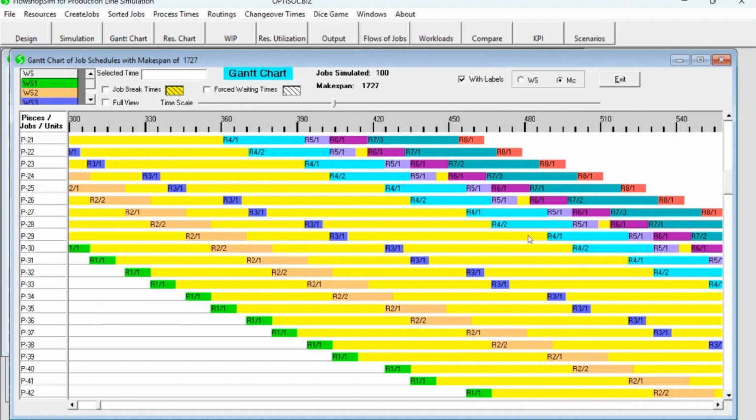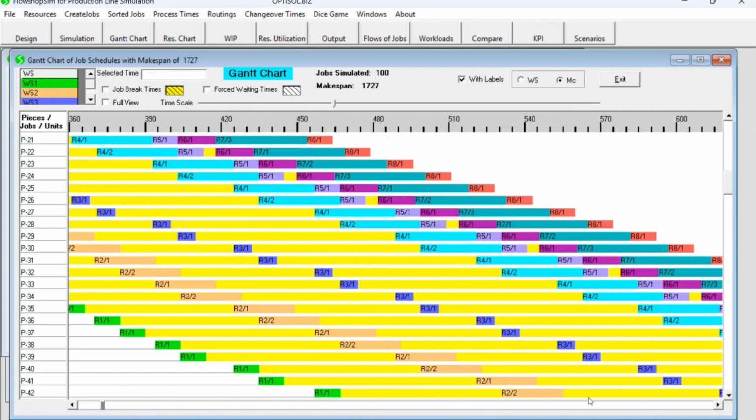If you see here, this P20, this piece, these 5 pieces are waiting for resources at fourth workstation because we allowed only up to 5. For that reason, the machine R3 is sitting idle during this time. Otherwise, it will send one more piece to the fourth workstation, violating that inventory limit.